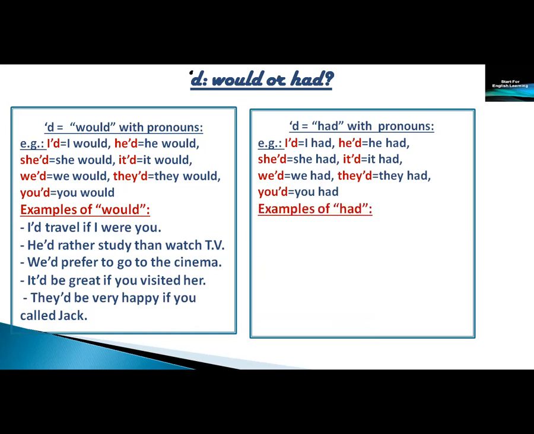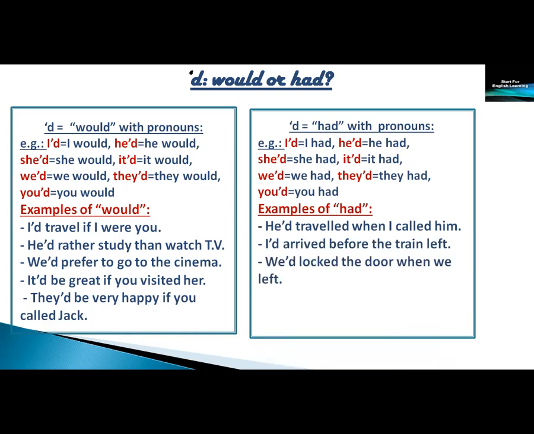Examples of had. He'd traveled when I called him. I'd arrived before the train left. We'd locked the door when we left. I wish I had waited longer, or I wish I'd waited longer. I thought you'd met her before.